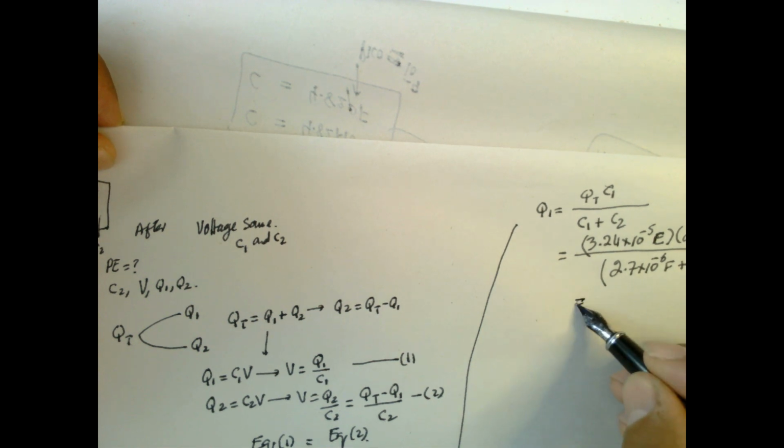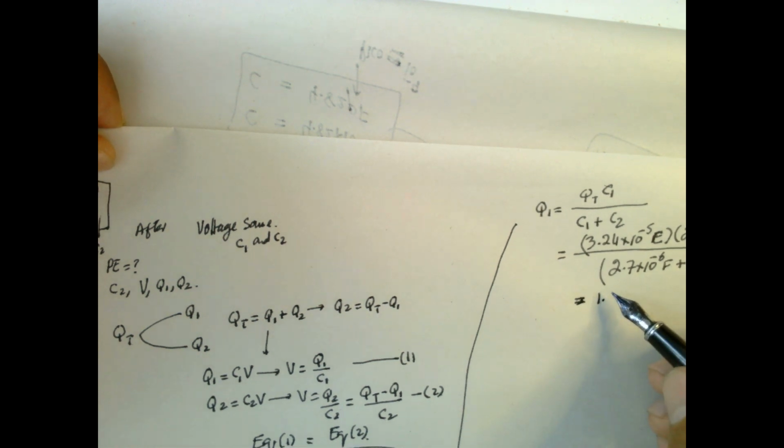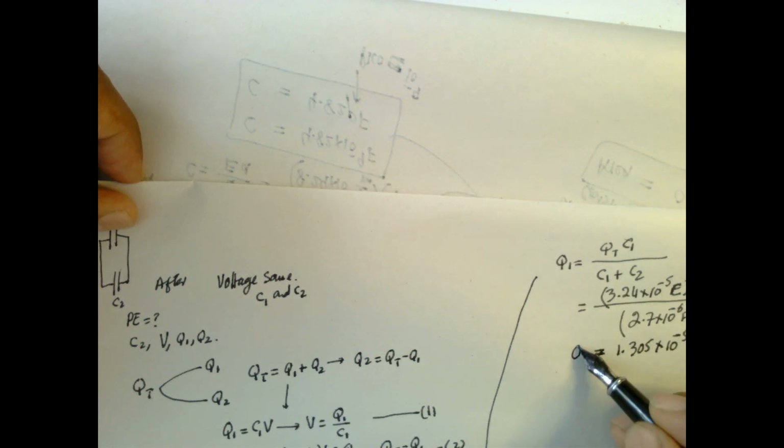So this will give us a result of Q1, and Q1 is equal to 1.305 times 10 power minus 5 coulomb. This is Q1.